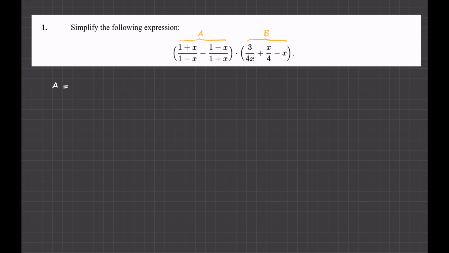This is already in factorized form, this is already in factorized form, so the LCD is exactly the product of these two. So I will take the LCD, which is 1 minus x and 1 plus x. The next step is I compare the denominator of the first fraction with my LCD.